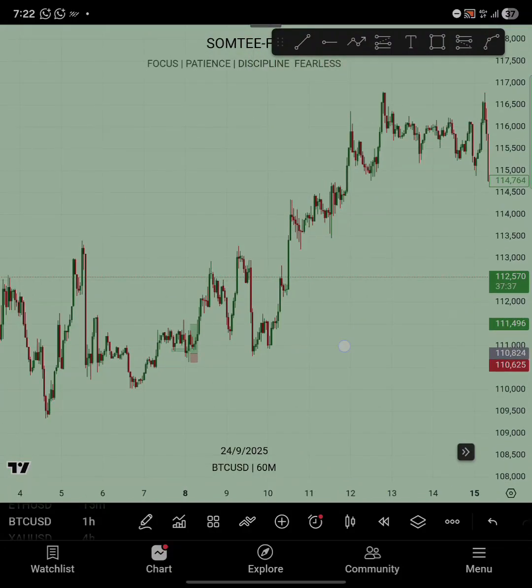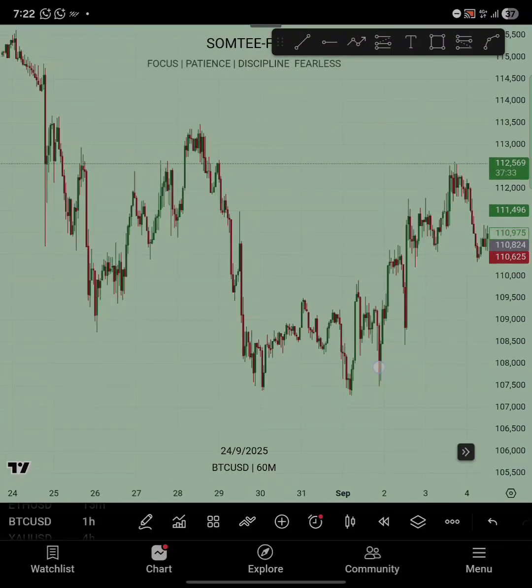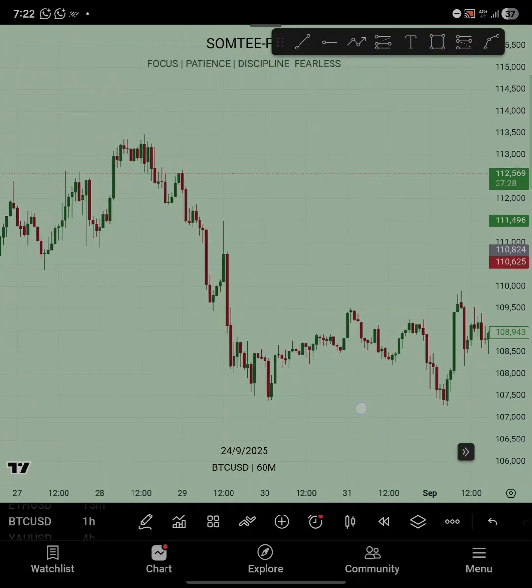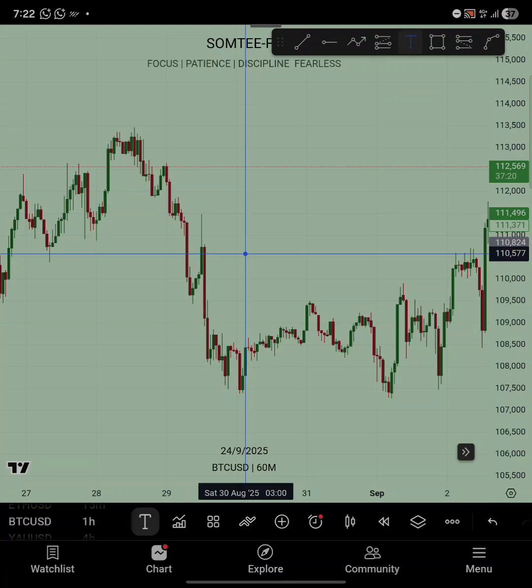Let me look for a good explanation. Okay, this is a full market right now. So we have a downtrend. Let me write it down.